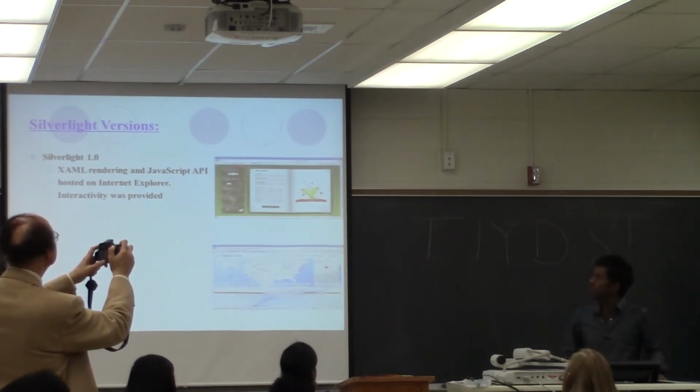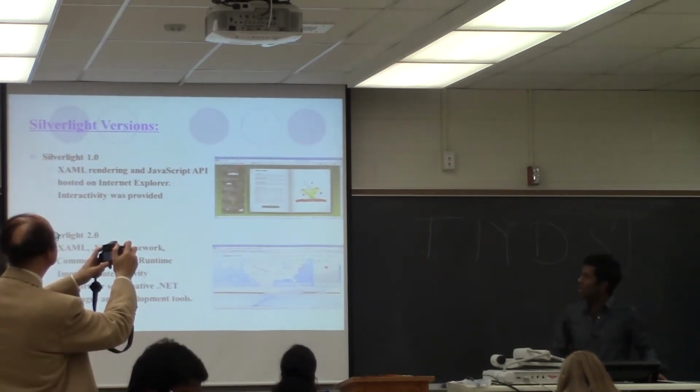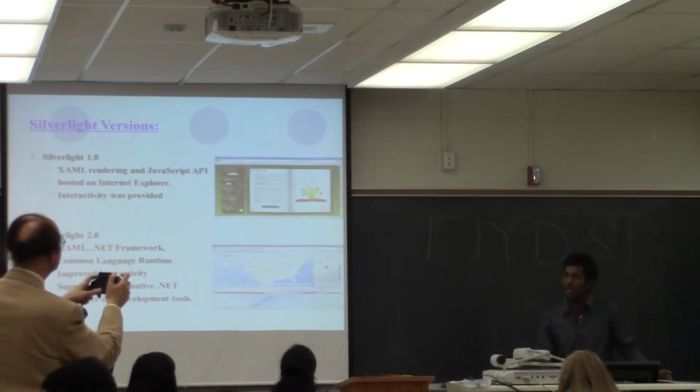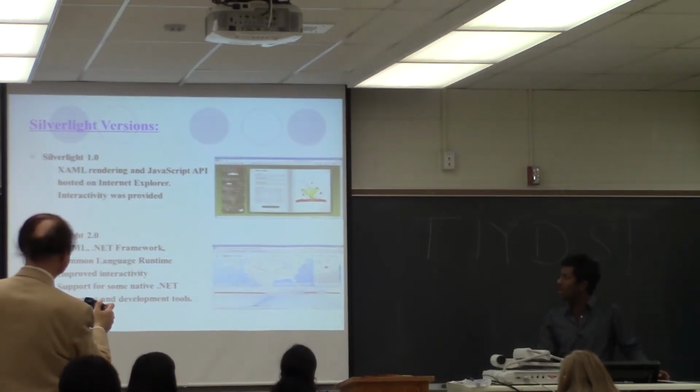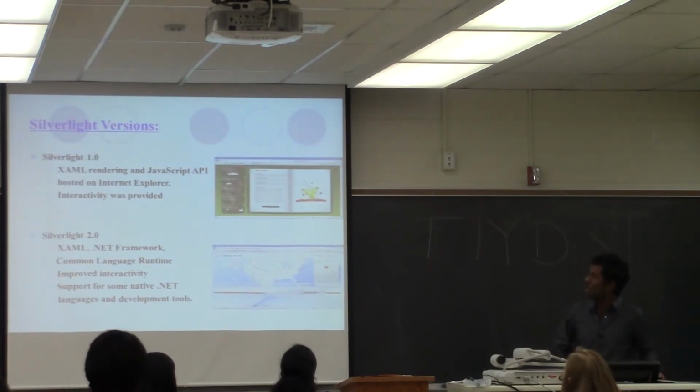In the 1.0 version, interactivity is provided. In Silverlight 2.0, the .NET framework and a common language runtime are provided. The interactivity was improved compared with the Silverlight 1.0 version, and the 2.0 version supports some .NET languages and development tools.